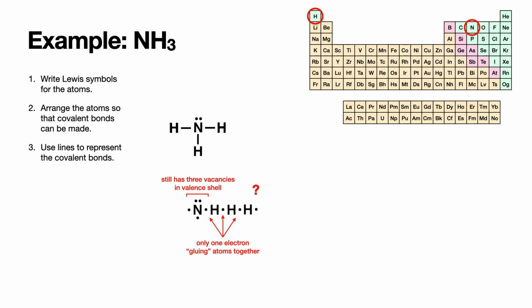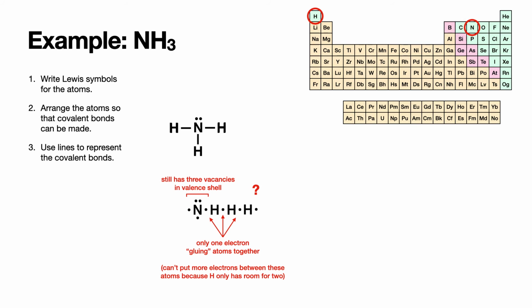And furthermore, we can't even put more electrons in between the atoms, because hydrogen only has room for 2 electrons in its valence shell. Hydrogen's valence shell is just the 1s orbital, and so we can't put more electrons into those bonds because hydrogen doesn't have room for them.